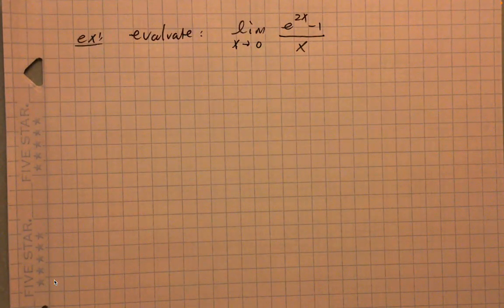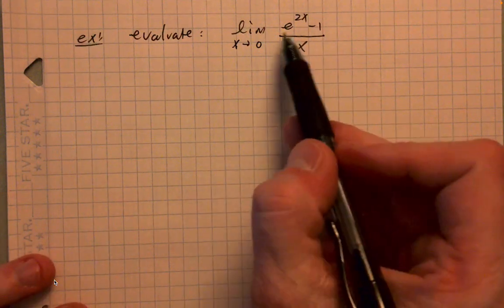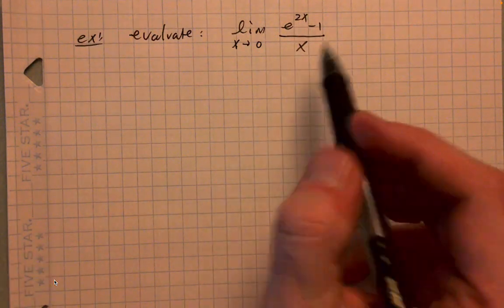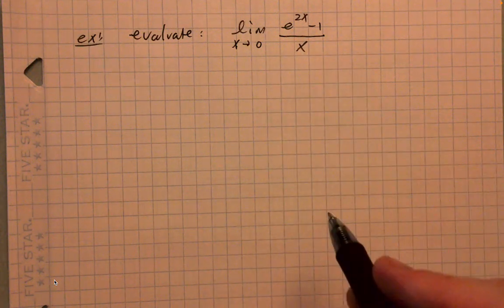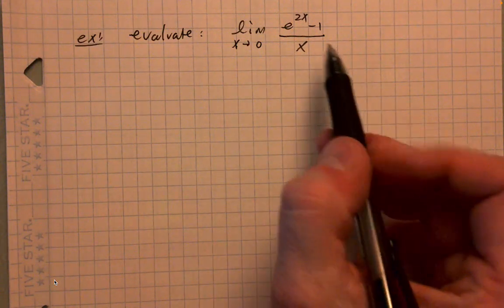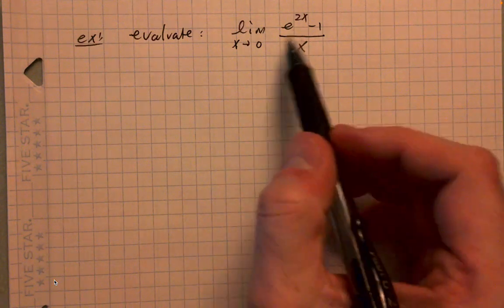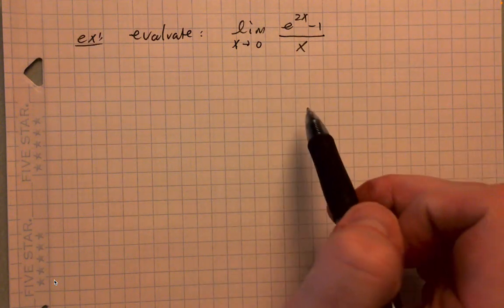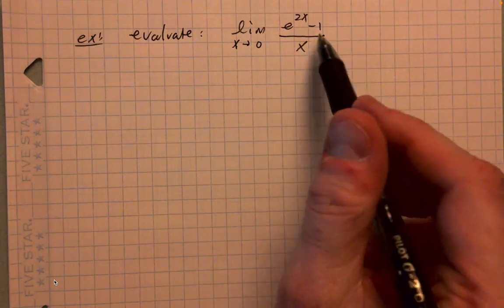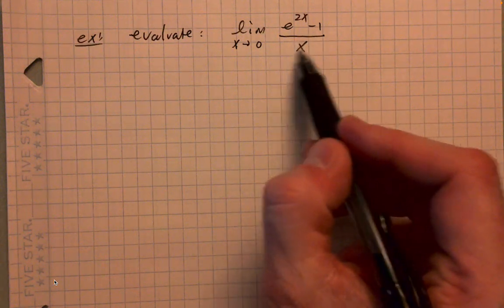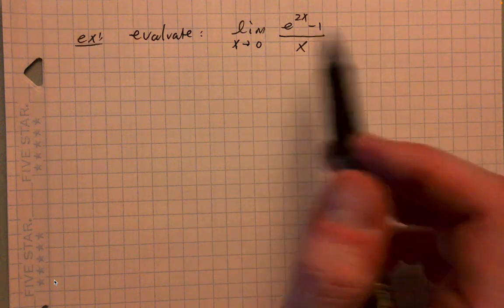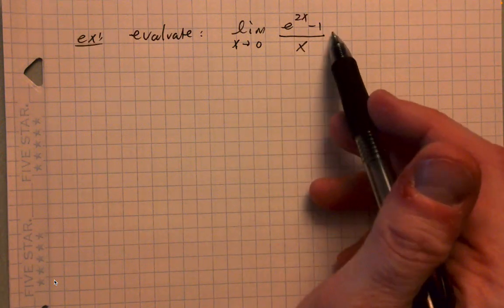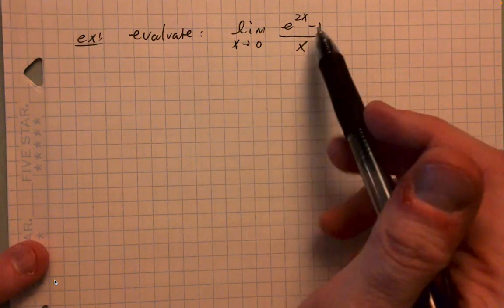You can think of e to the 2x minus 1 as your f, and just x as your g function, right? First of all, these are both differentiable functions on an interval around 0, no problem. And we can see further that the derivative of g would just be 1, and that derivative is non-zero on any interval.